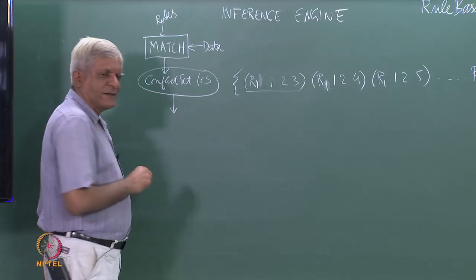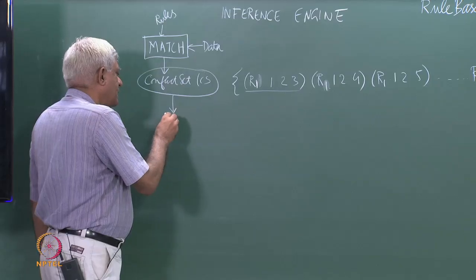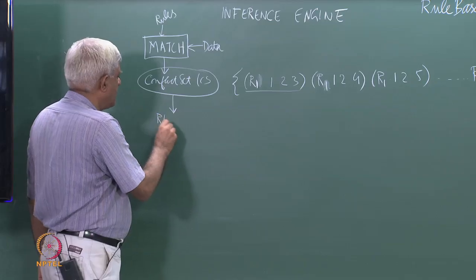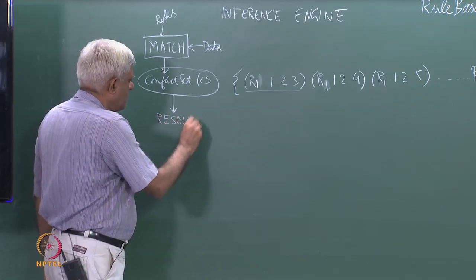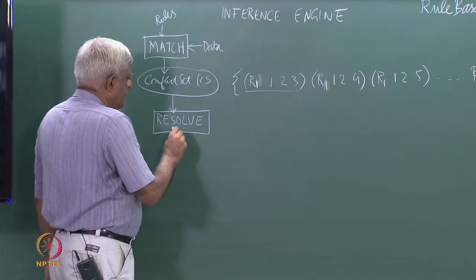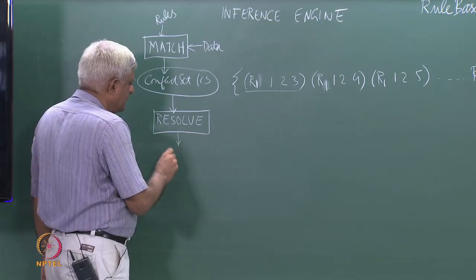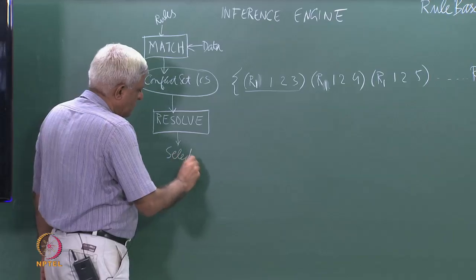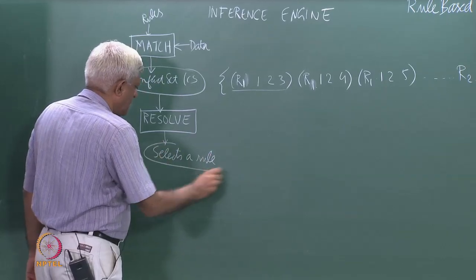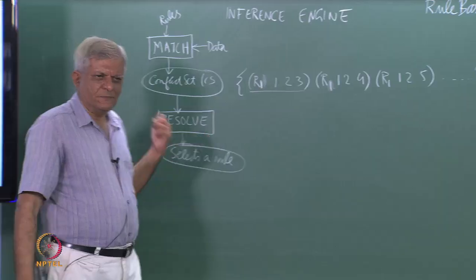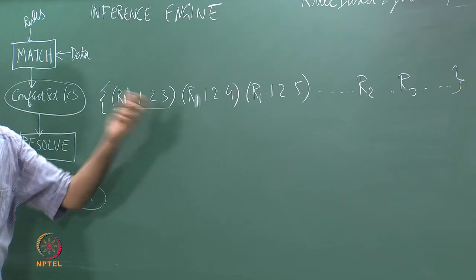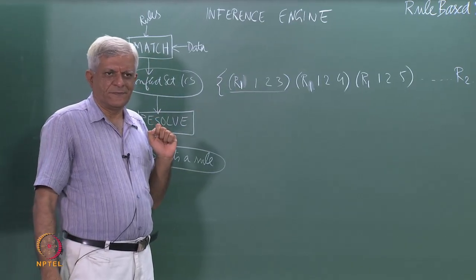We give this conflict set to a step which is called resolve, and what it does is that it selects a rule. So, there is another module of the program which looks at this conflict set and picks one of them to fire essentially.